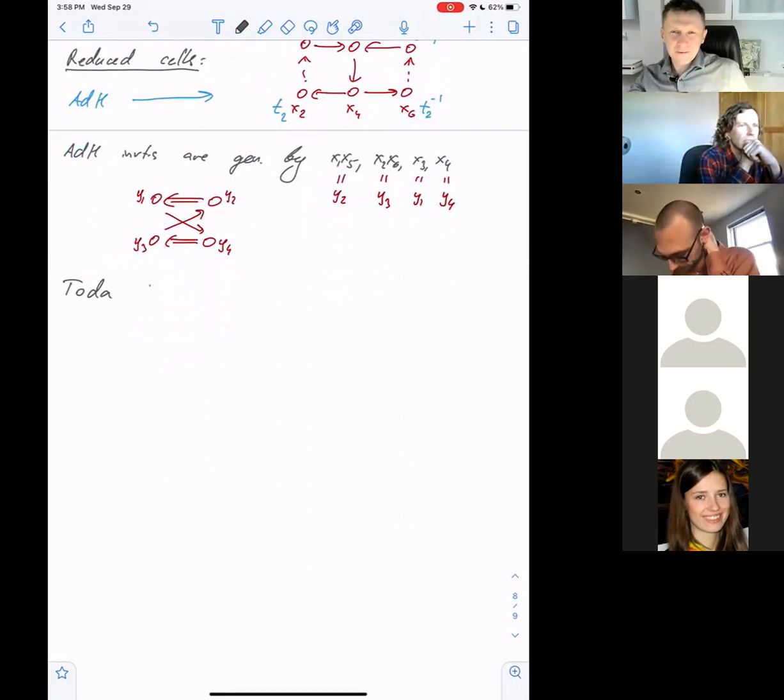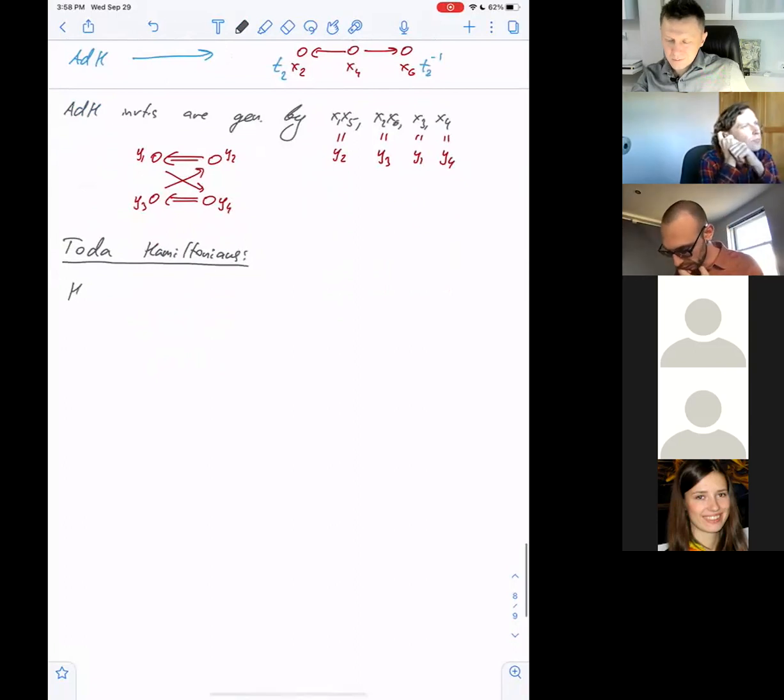Okay, great. Okay, so Toda Hamiltonians. Well, okay, so what were those? Really, we wanted to remember how we had this. Yeah, we wanted to say that these traces in fundamental representations are some Hamiltonians, and let's see how this works.